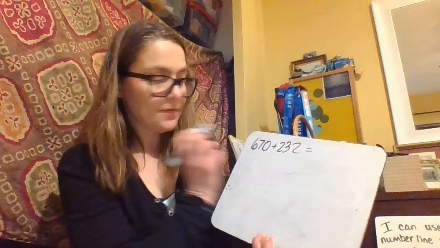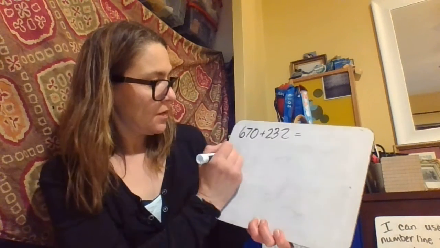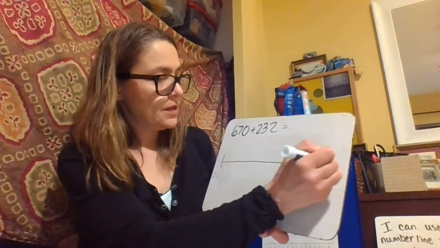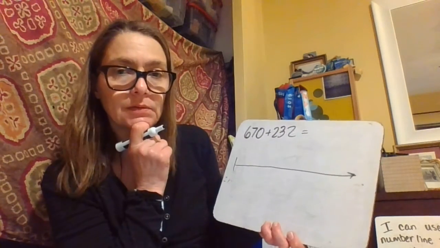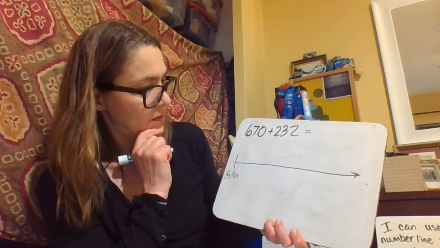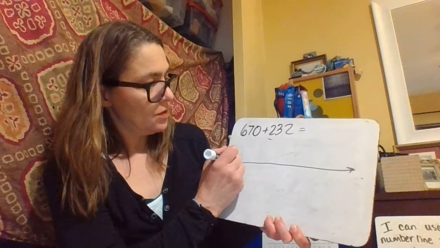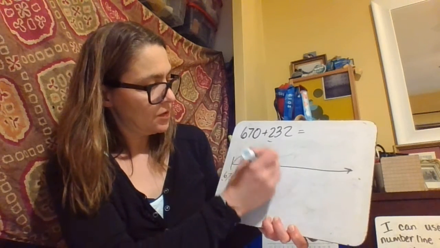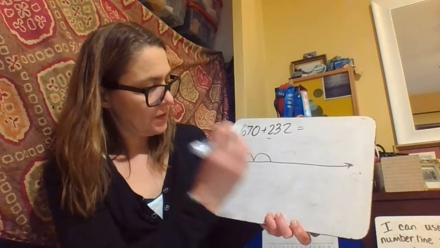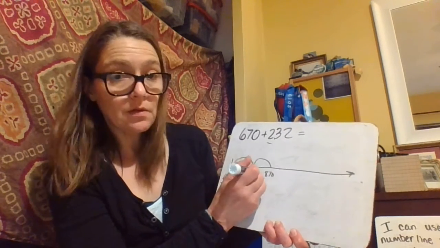Okay, so we still have some time. How do we solve that? Okay, you have your increasing number line, 670. Okay, and there's 200s and 232, so we have 100, 200, so 770, 870, we're at 870.